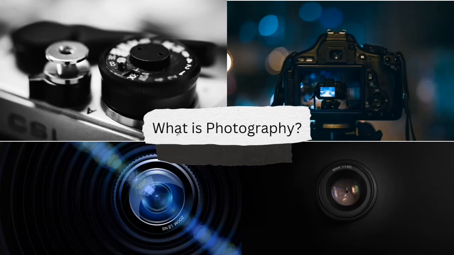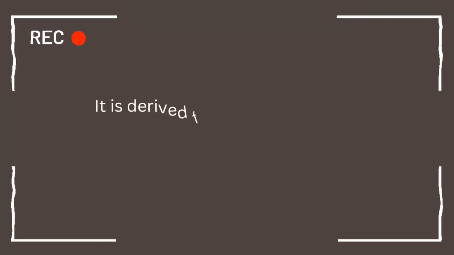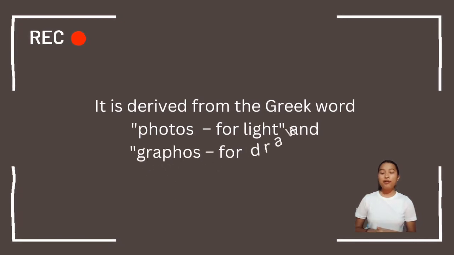On the other hand, what does photography mean? Photography is derived from the Greek words photos for light and graphos for drawing.